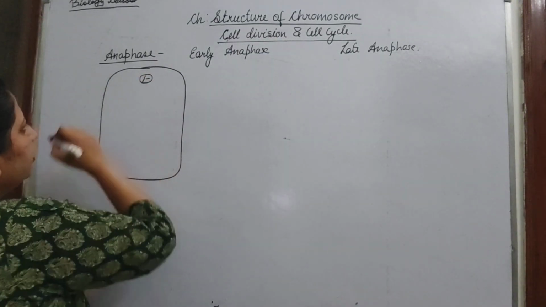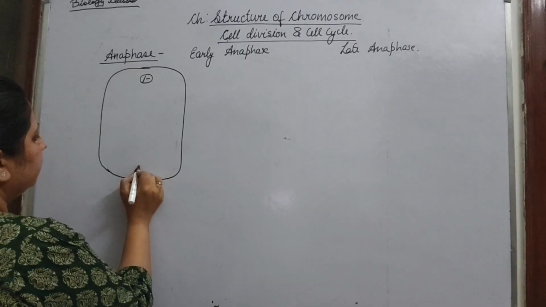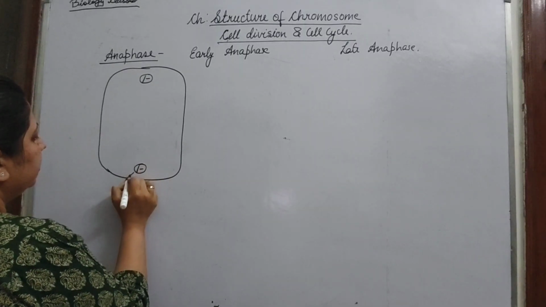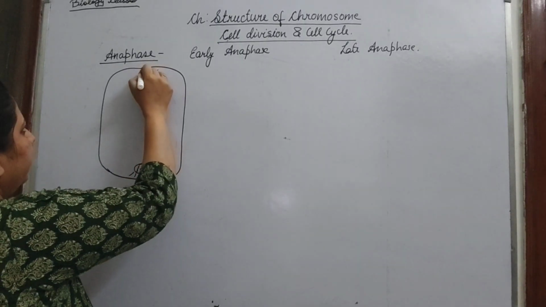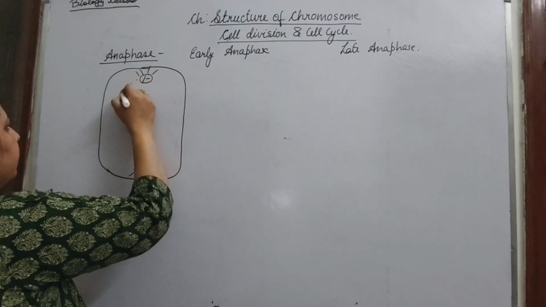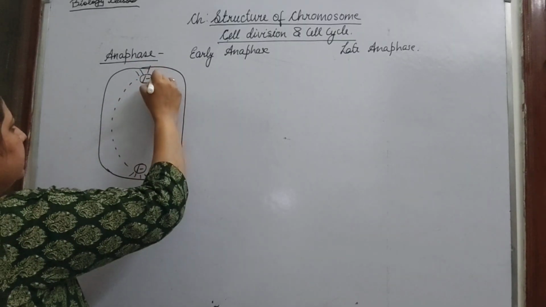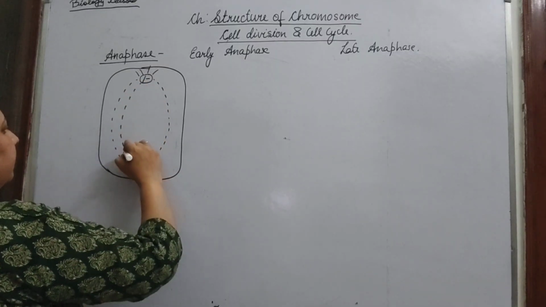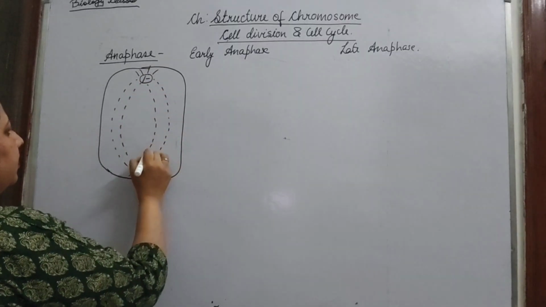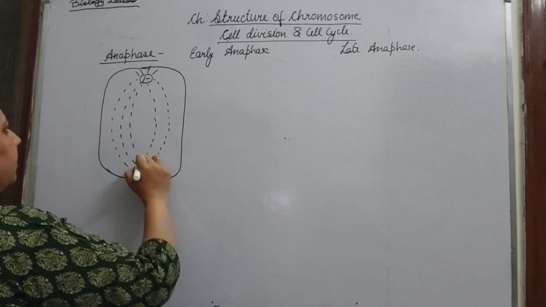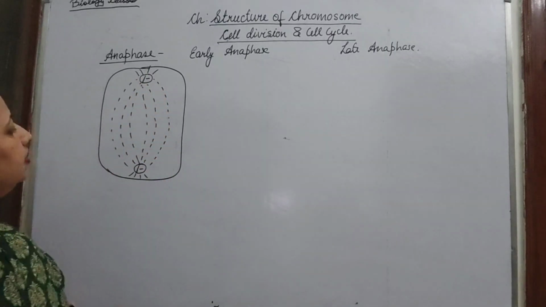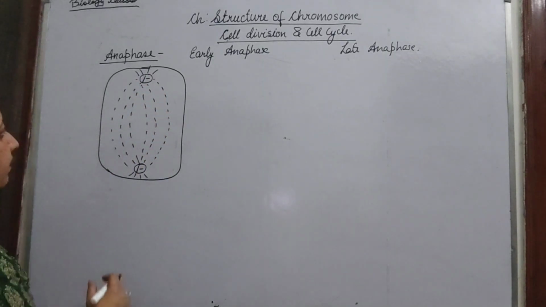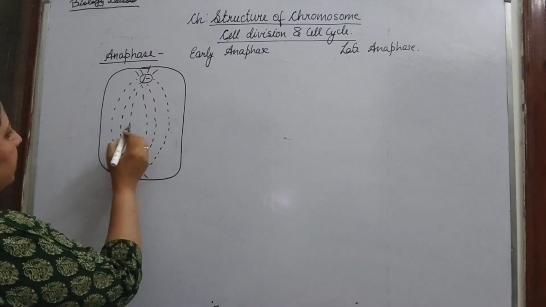This is the centriole, this is the elder centriole, these are the aster rays, and this is the spindle fiber. There are three kinds of spindle fiber, as we are going to discuss.